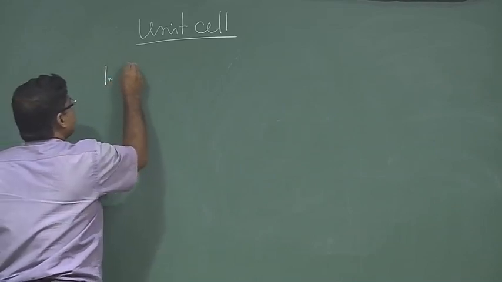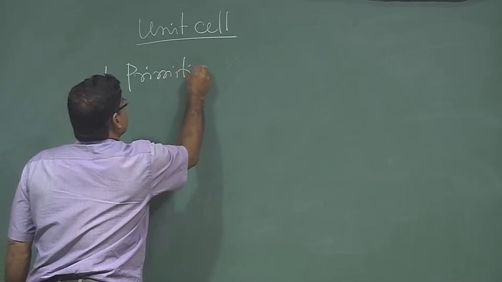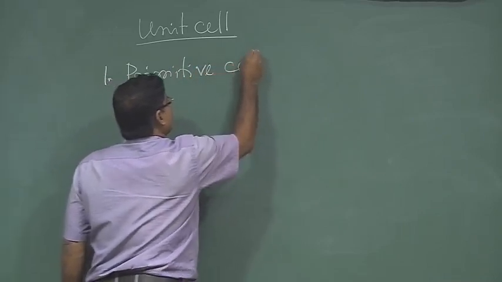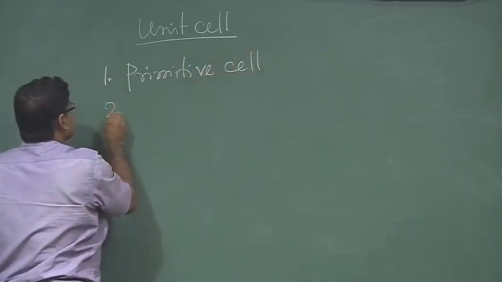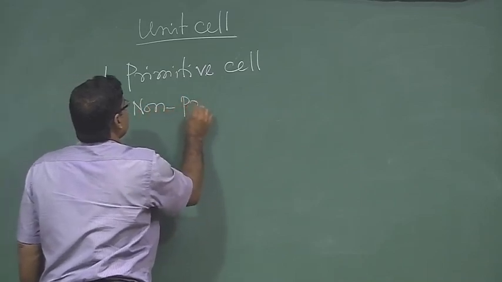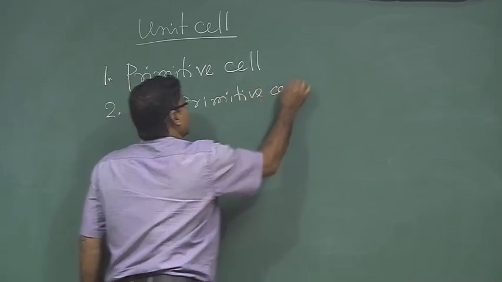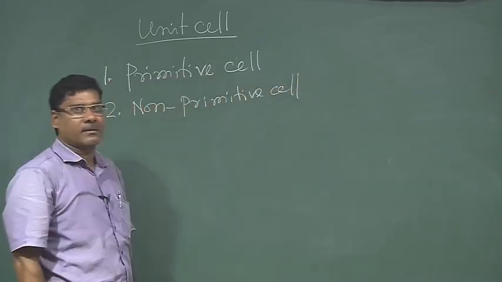One is the primitive unit cell, and another is the non-primitive cell.